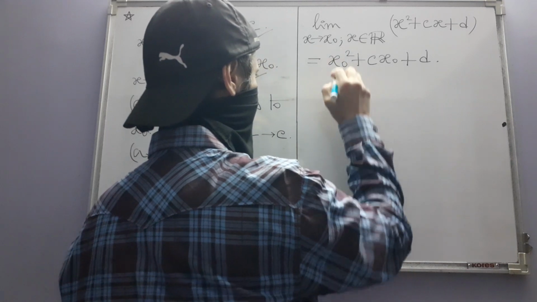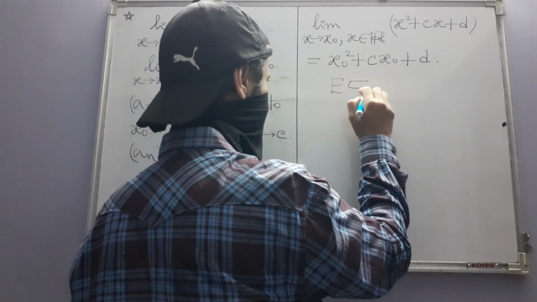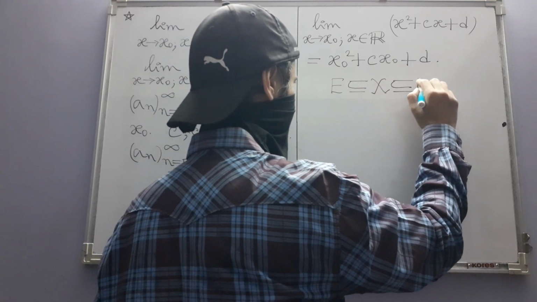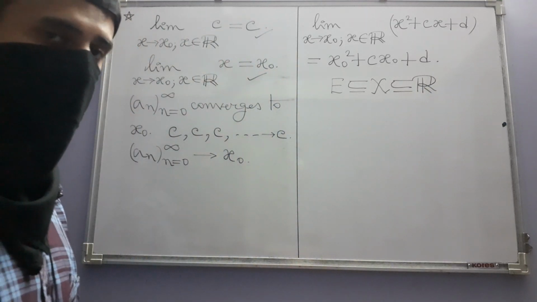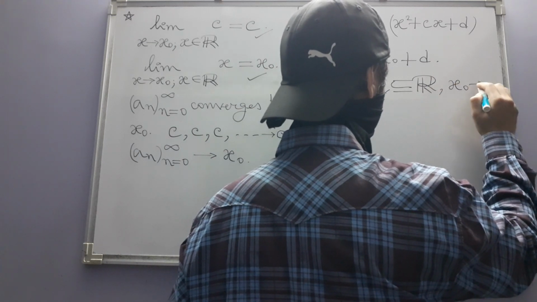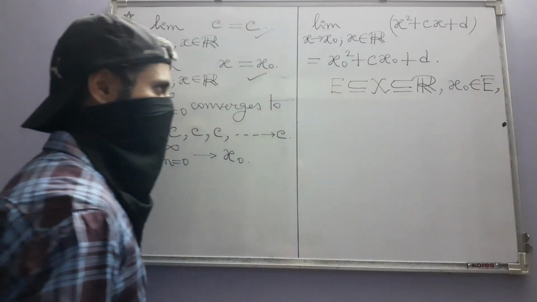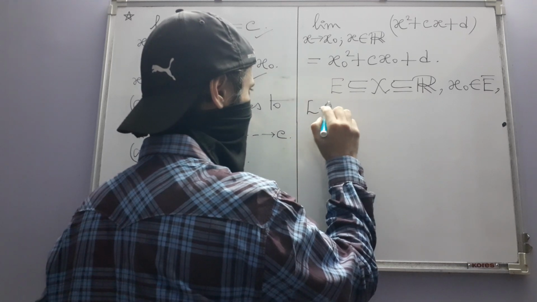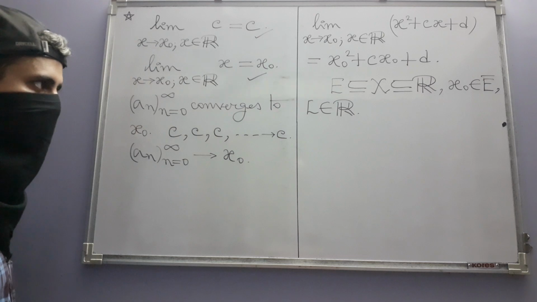So again, like before, E be a subset of X and X be a subset of R, our usual setup for limits. Let x naught be an adherent point of E, and let L be a real number.